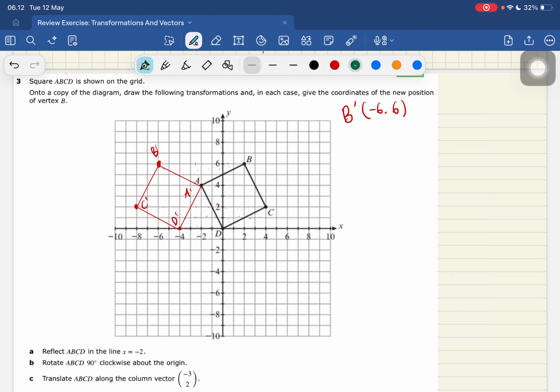Okay, next we need to rotate 90 degrees. So rotate ABC 90 degrees clockwise about the origin.